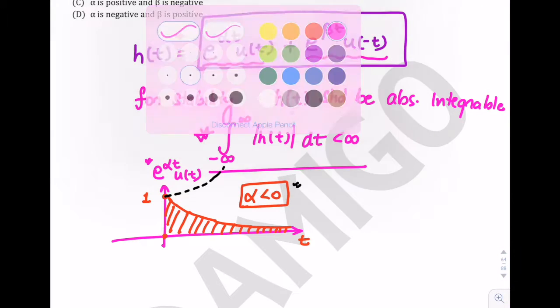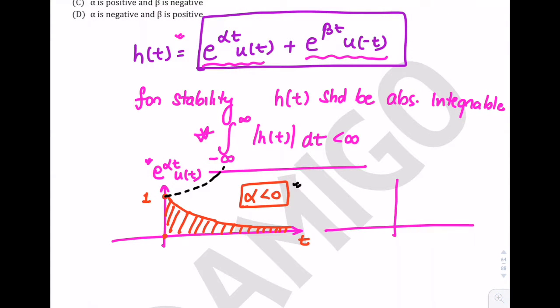Now if we look at the second part of the signal, that is e to power beta t u(-t). Now the signal is on the negative values of t, on the second quadrant.